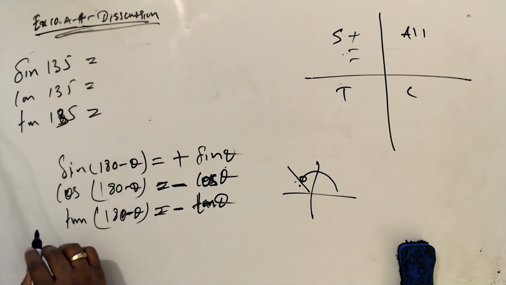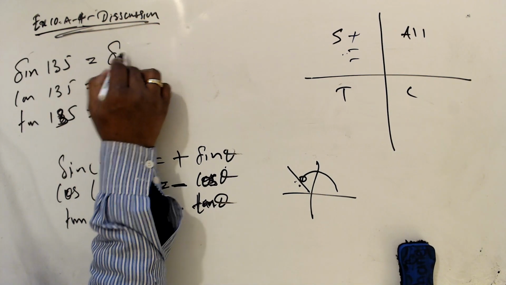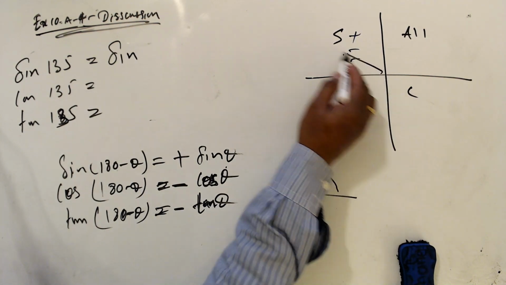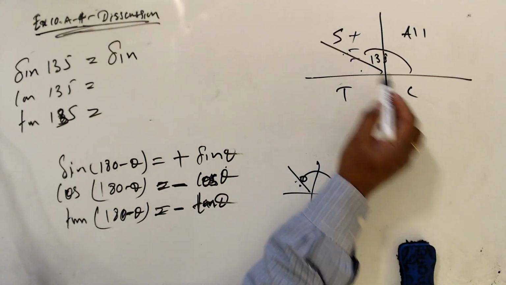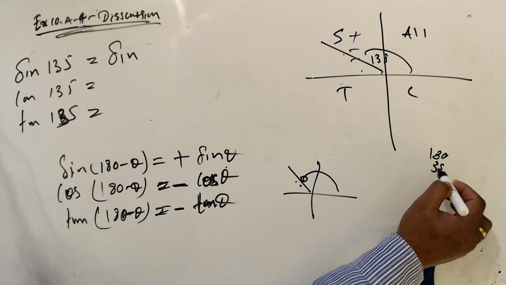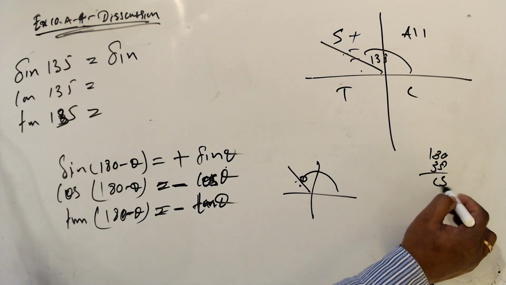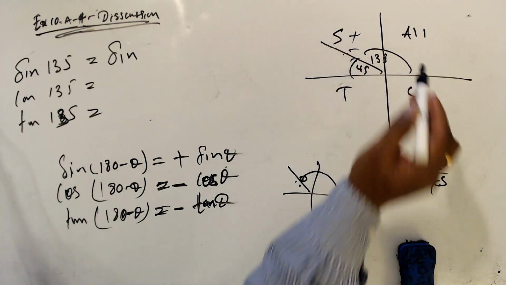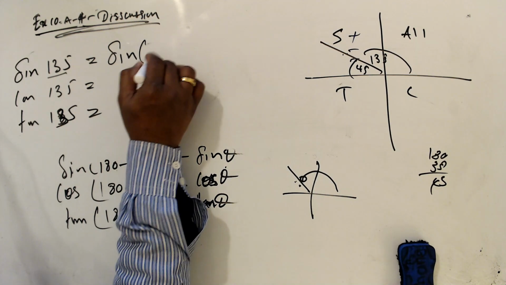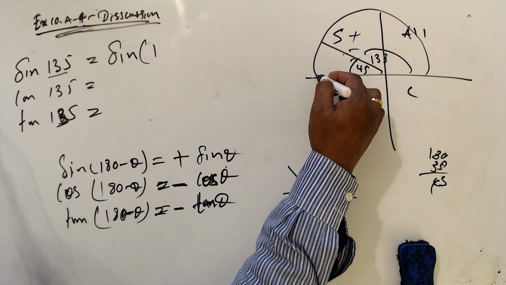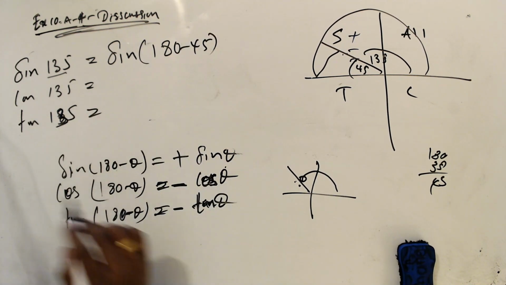Sine 135, I can write this as a guess. Sine 135 means, what is this angle? 180 minus 135 is 45. Instead of 135, can I write, come 180 go back 45? 180 minus 45.